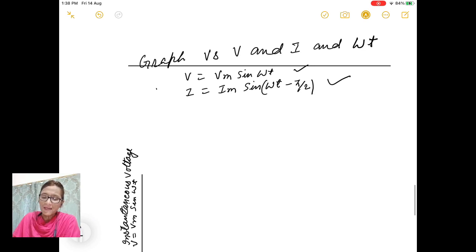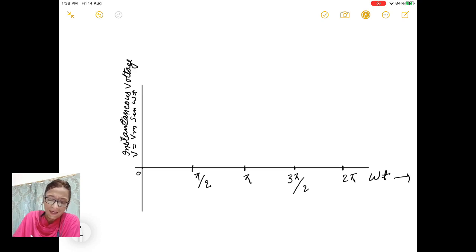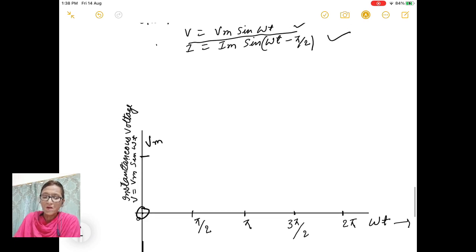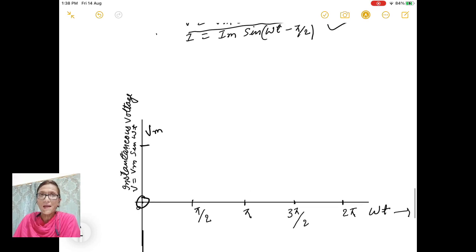So when omega t is 0, let me draw first of all V versus omega t graph. In this equation, sine 0 is equal to 0. So therefore voltage becomes equal to 0 and you get here 1 point. Now let me take a point which will give us voltage amplitude.